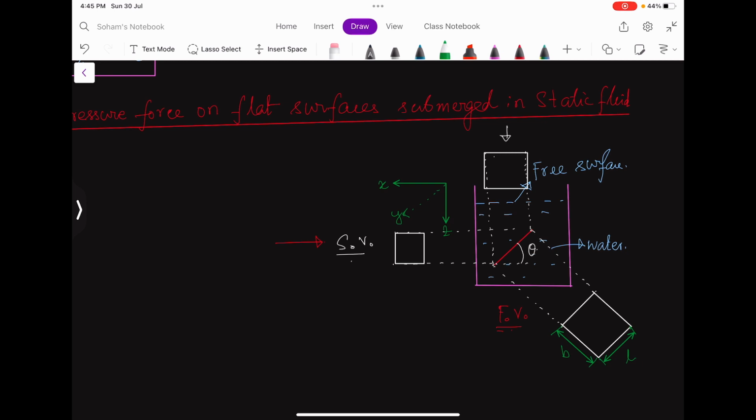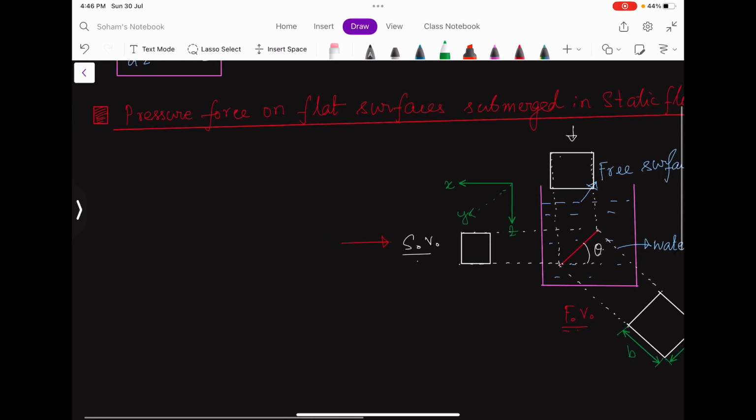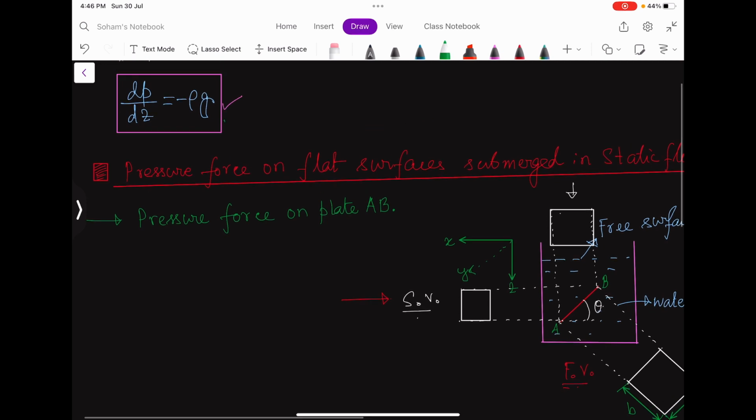Now we have to find the pressure force on the flat plate, named AB. So we will apply this governing equation.